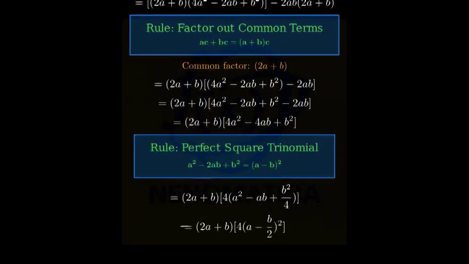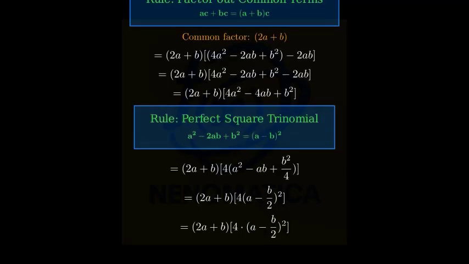Our final factorization is the quantity 2a plus b times the quantity 2a minus b, squared, which can be written as the quantity 2a plus b times the quantity 2a minus b times the quantity 2a minus b.